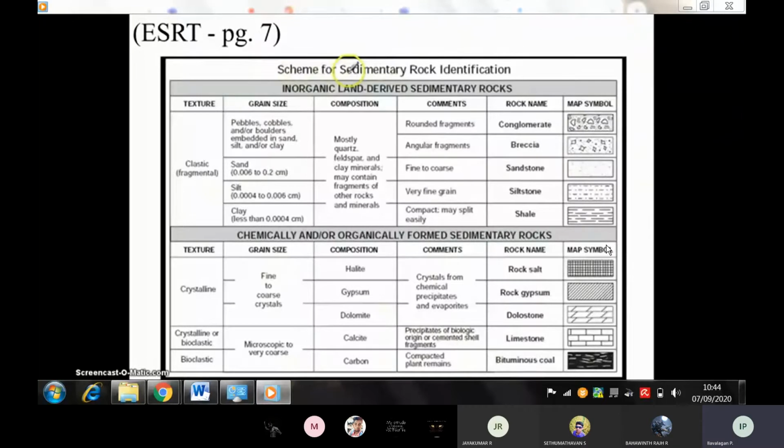As I told you with igneous rocks, if you find a rock, you can see whether it is igneous, sedimentary or metamorphic. Now you have found it is sedimentary. In that there are subcategories they are going to explain. After finishing this class, you will be able to differentiate whether it belongs to sedimentary, and if it is sedimentary, what texture it has, and based on the texture, an assumption of giving the name could be done.